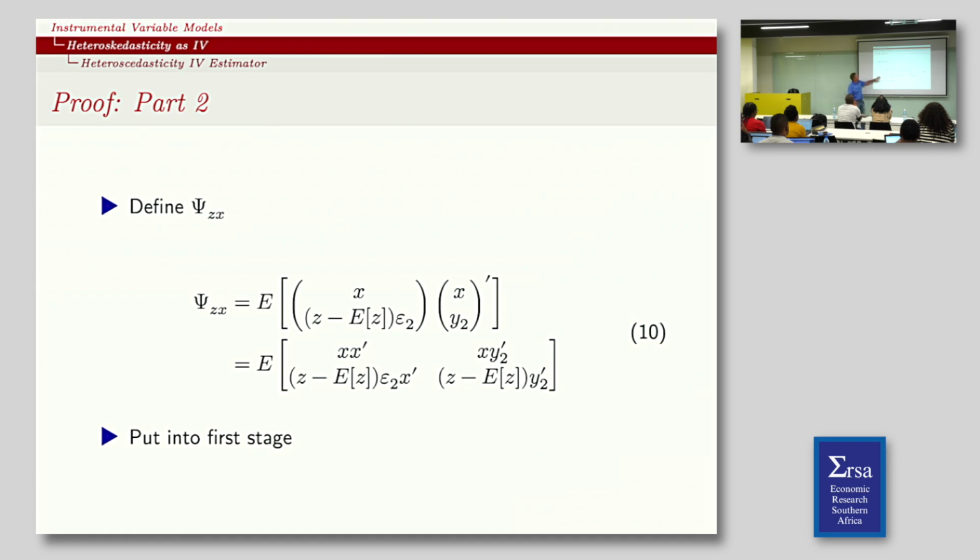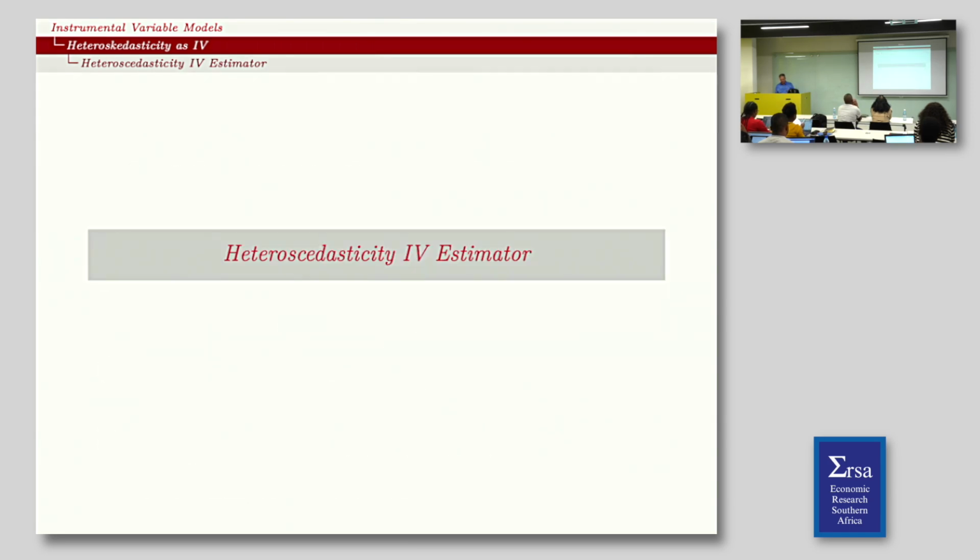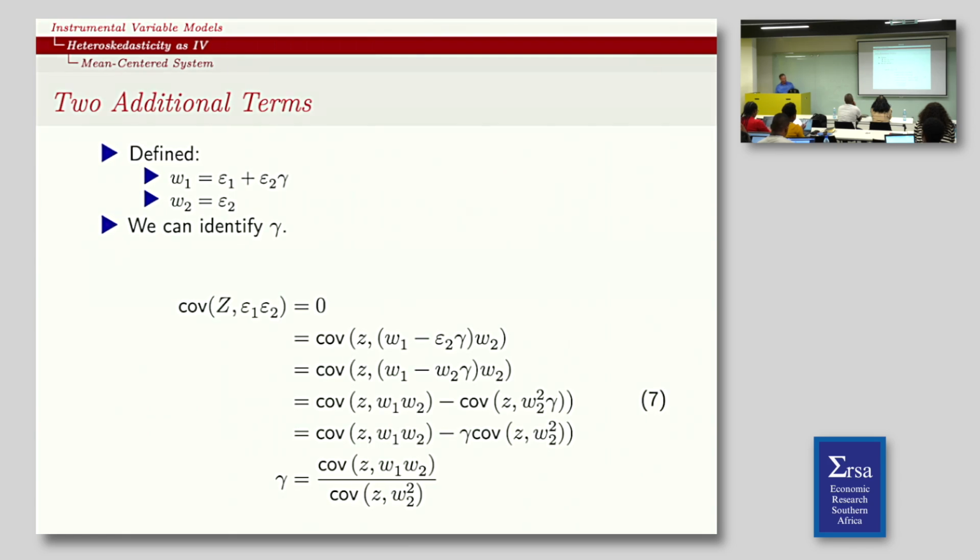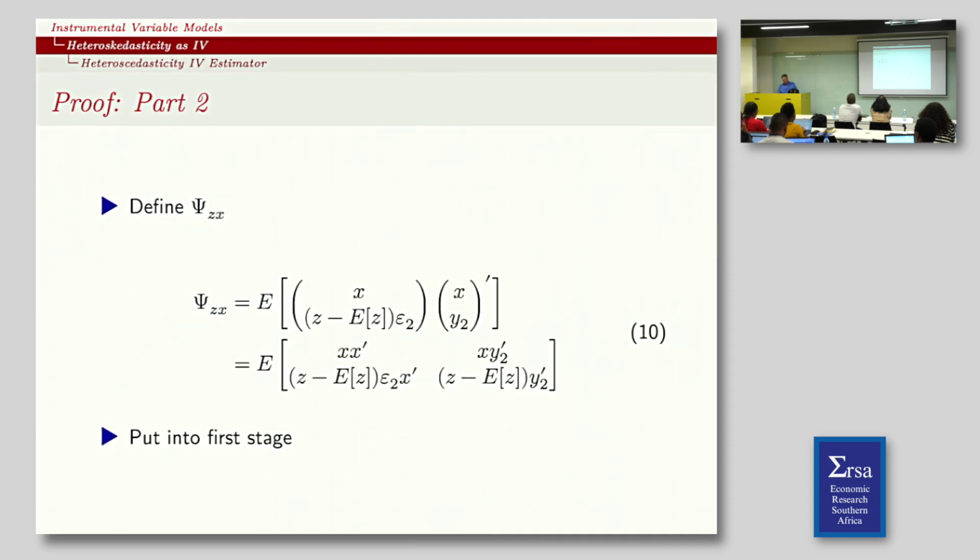The next part is trying to figure out what this phi zx term is, which basically requires us to multiply these things together, and all I've done is rearrange those terms so that I've got an expectation, right? So this is now what I'm using here to get this gamma part, okay? So this phi zx is this z omega part, okay?